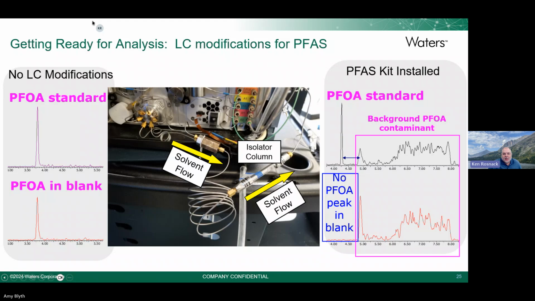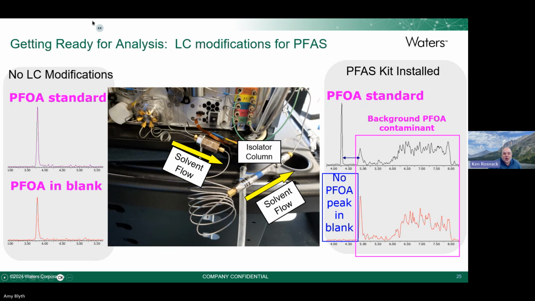Actually, in a second, let me talk to you about one key thing. You heard from Jennifer about the contamination that could be in the lab, and it will be nearly impossible to get rid of the contamination in some of the solvents. In the system, you replace all the wetted parts as best as possible, get rid of those Teflon solvent lines that supply your system with solvent, and put in an isolator column, hold-up column, hold-back column.